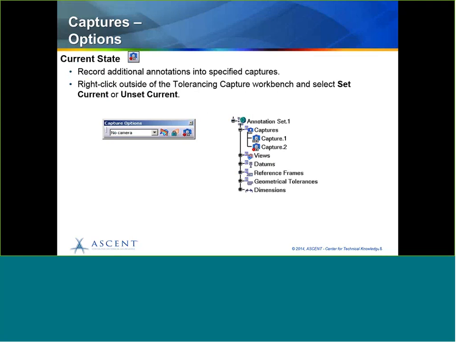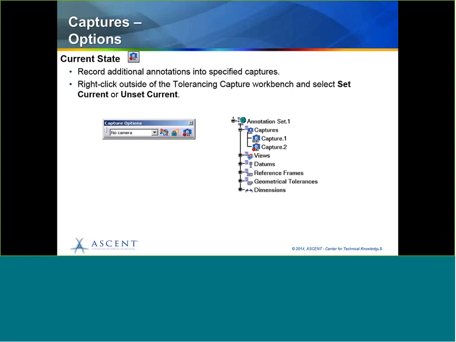If I now add additional annotations to the model, they are not added to any existing captures by default. If I click Set Current, then from that point forward, any annotations that are added to the model will automatically be added to my capture. And I can have multiple scenarios here where some of my captures have this set, some do not. It just depends on what you want to achieve.